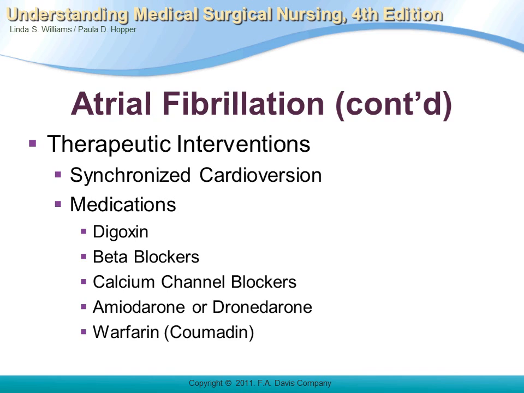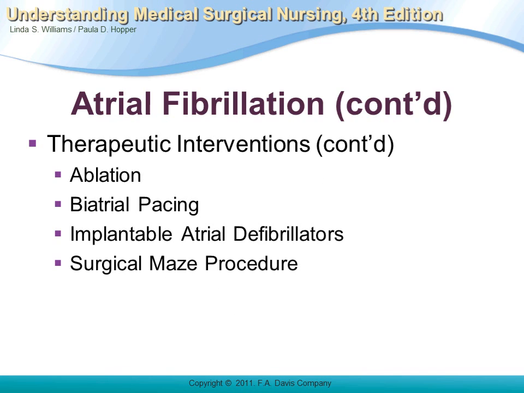We would give Coumadin because the patient's atria are not contracting, so the blood is pooling and they're more at risk of blood clots. Amiodarone is a medication that stops the heart for just a second, again, to hopefully pick up a normal rhythm. Beta blockers, calcium channel blockers, and digoxin are going to slow the heart rate down.